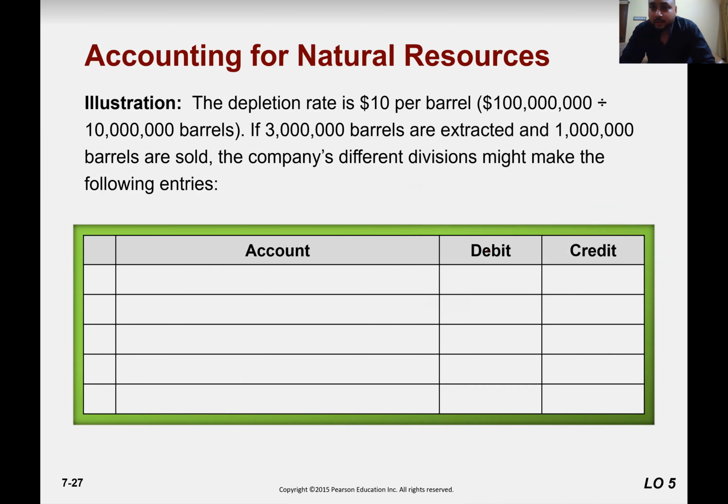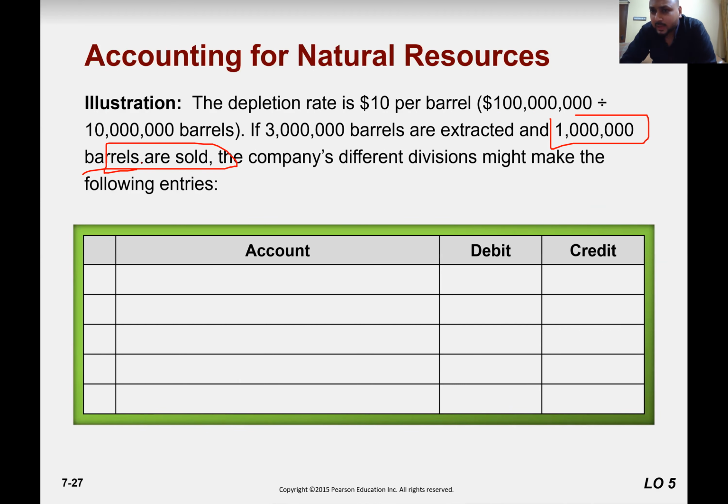Now what happened? The depletion rate is $10 per barrel. So how many barrels? They extracted 3 million barrels, and 1 million barrels are sold, right? 1 million barrels are sold.